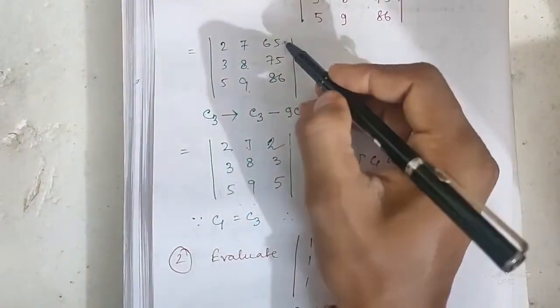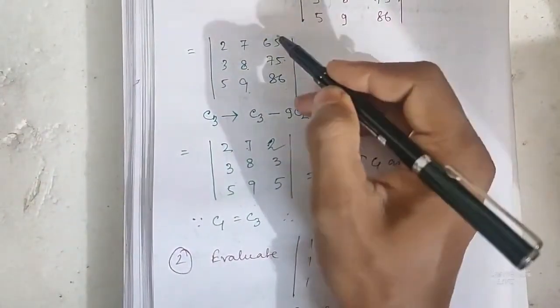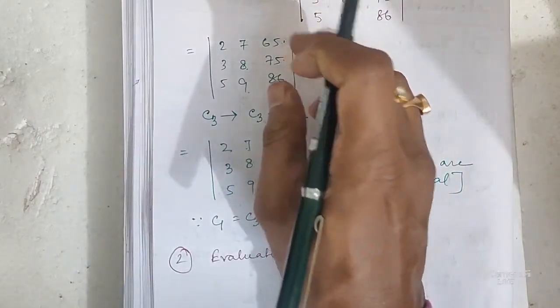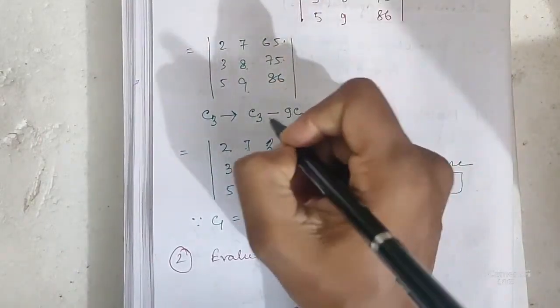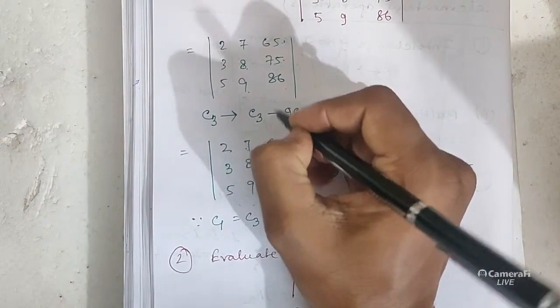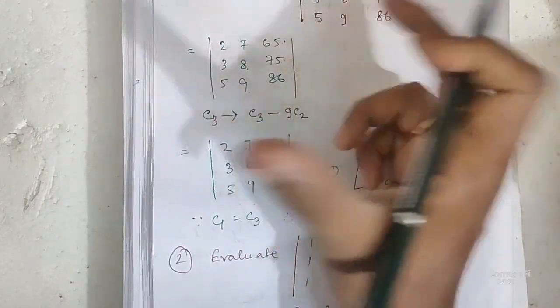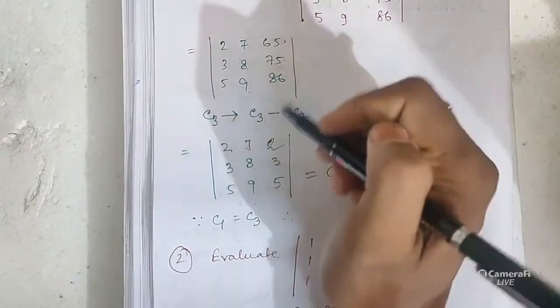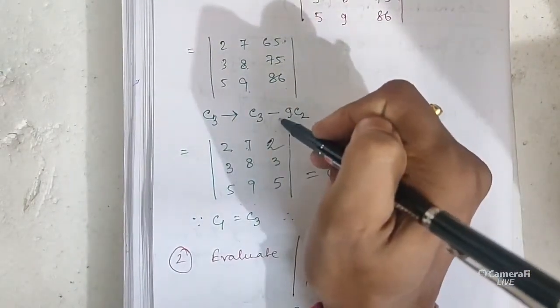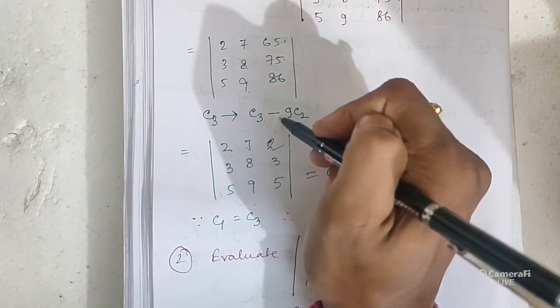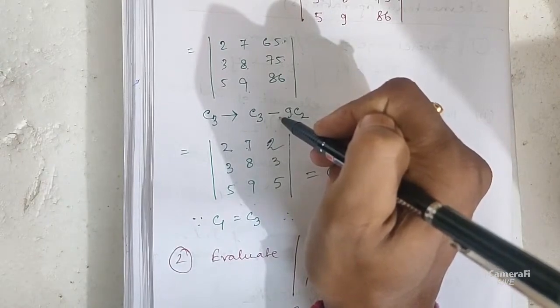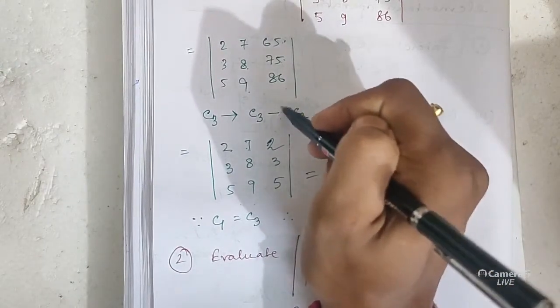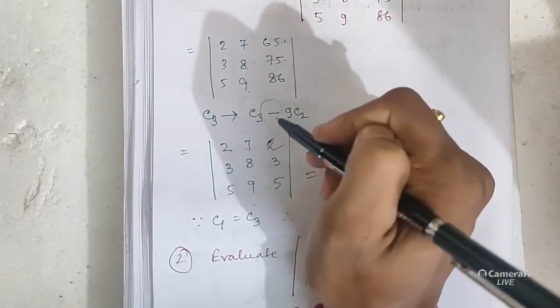Because these numbers are very large, so we have to make these numbers smaller. If we do plus sign, then it will become even larger. We have to simplify it. That's why minus I have done. Is it clear?